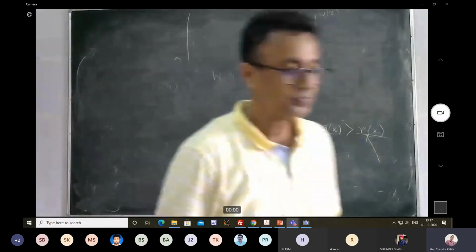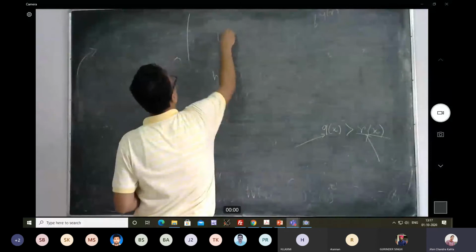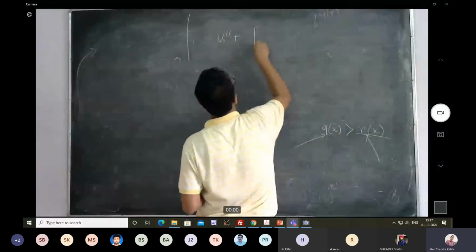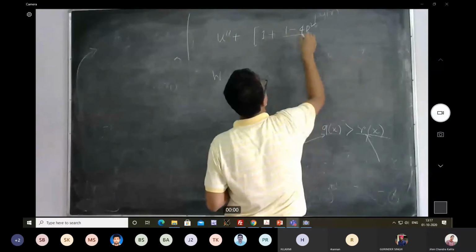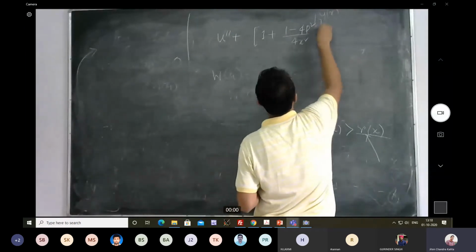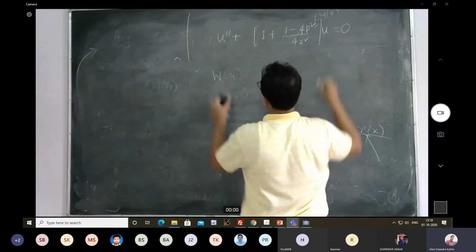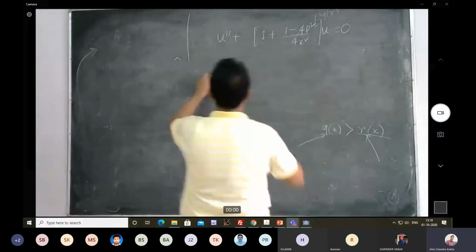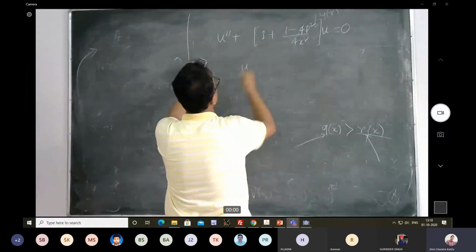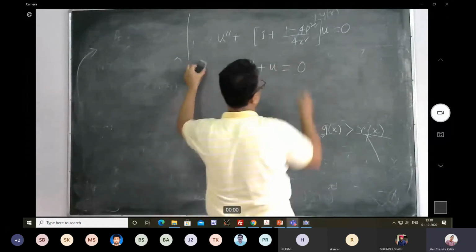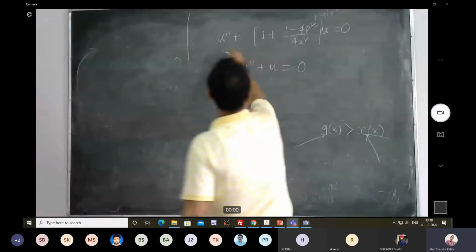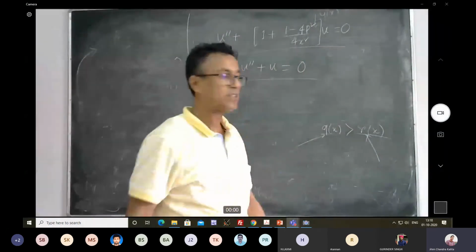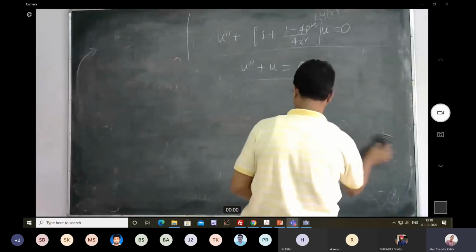Okay, so now if I want to compare the zeros of the solution of this equation and this equation, what can you comment?